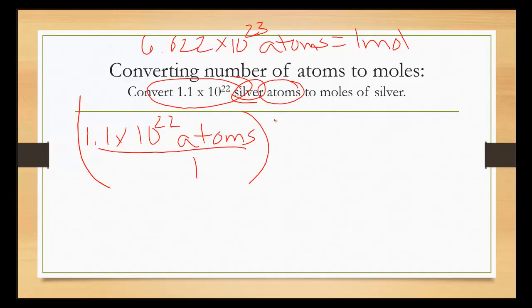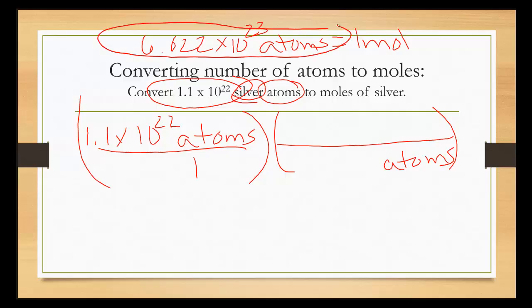We have atoms on top. That means I want to put atoms on the bottom. Look at our conversion factor. 6.022 times 10 to the 23rd goes with that. 1 mole is what it equals to, so it's going to go on top. So it's going to be 1.1 second function EE 22 divided by 6.022 second function EE 23.